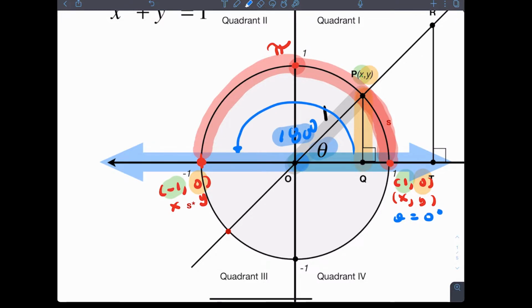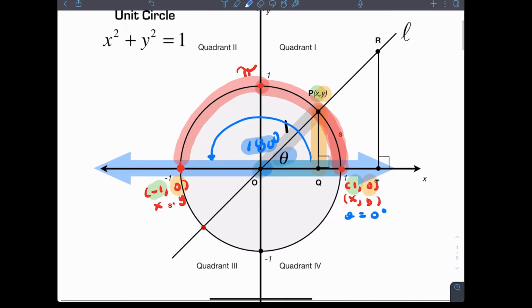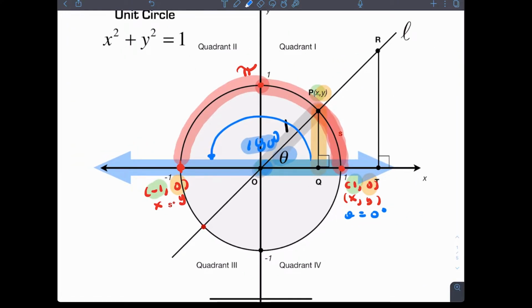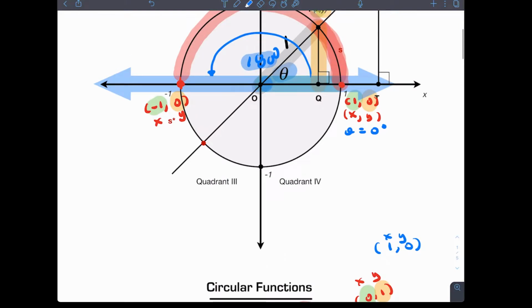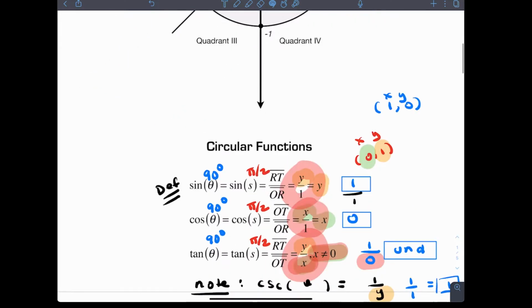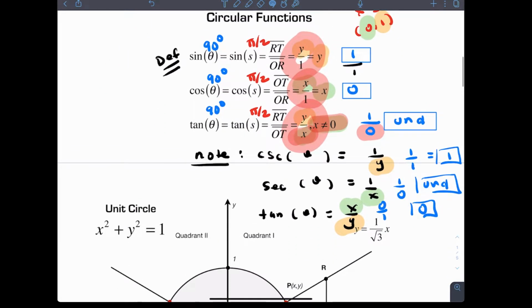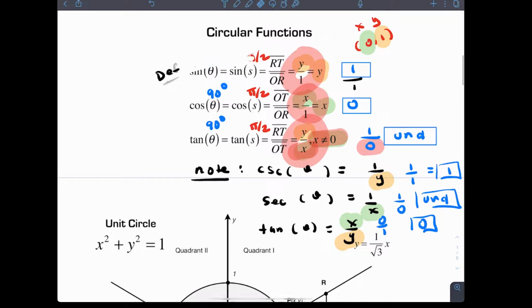And the arc length is pi. So I'm going to copy this here and see if we can erase all this.